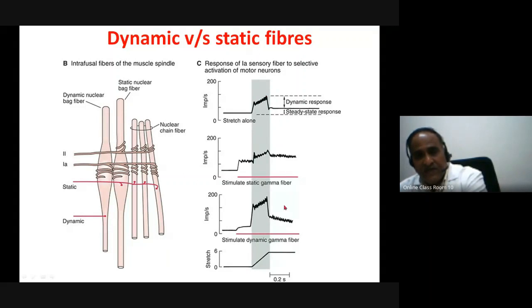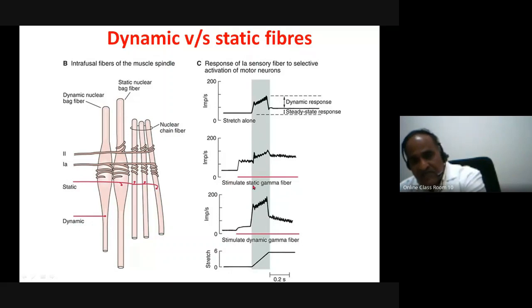When it reaches the peak, it drops down, and then as the stretch continues, there is a sustained activity. The difference between the peak and the steady state response is the dynamic response. The remaining part is the static response.